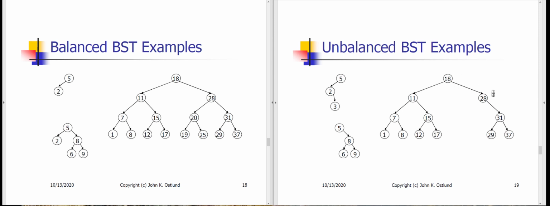But when we go over here to the right of the 18, we discover at this node 28 that we no longer have the balance rule satisfied, because 28's left tree has depth 0, whereas its right tree has depth 2. So at the node 28, our balance requirement is not satisfied, and consequently this entire tree is not balanced.